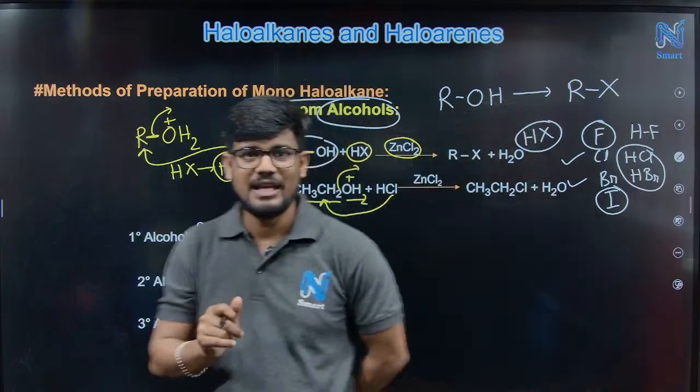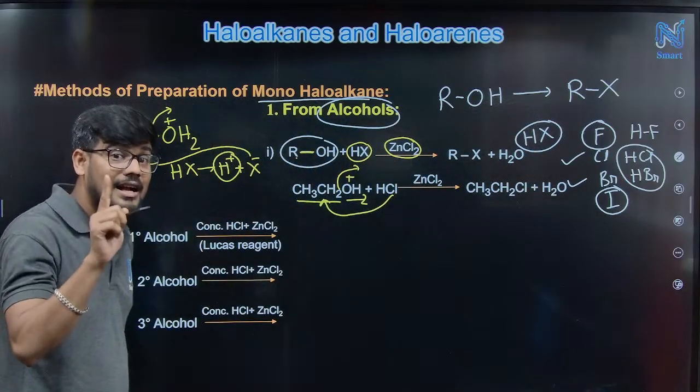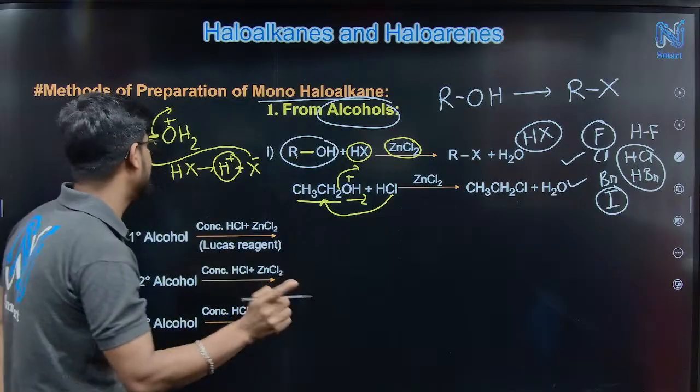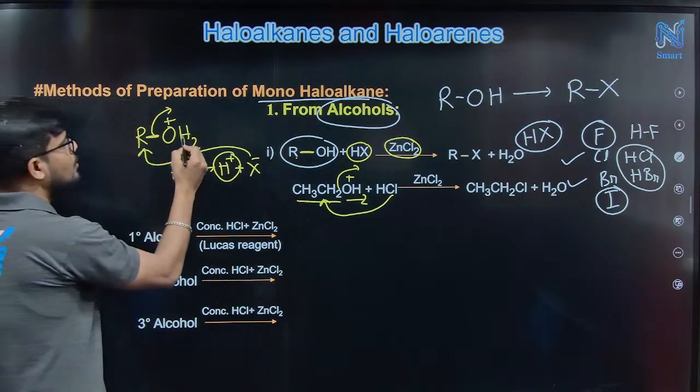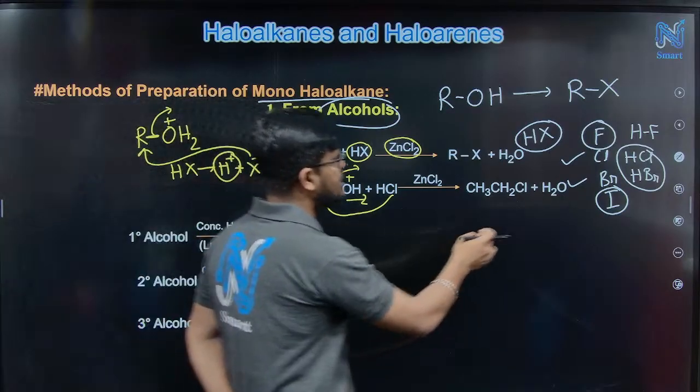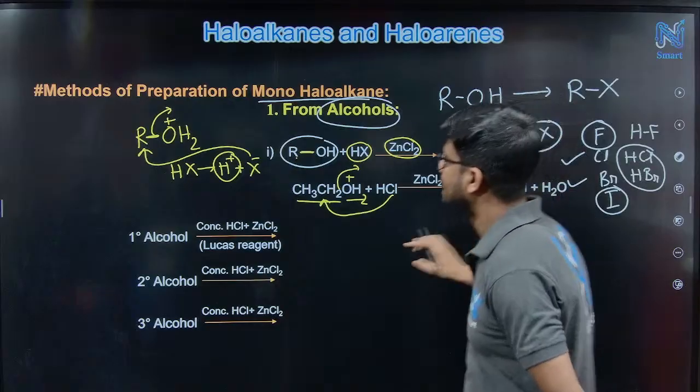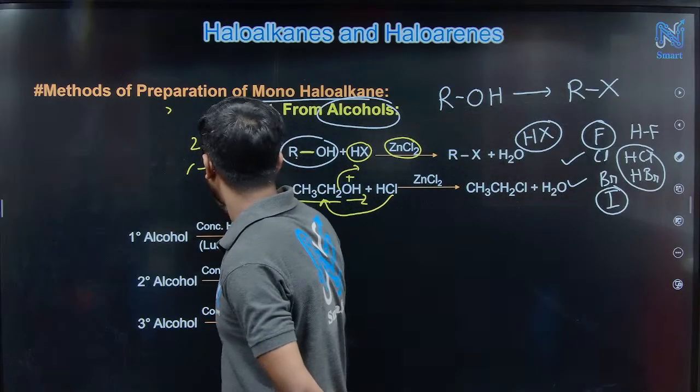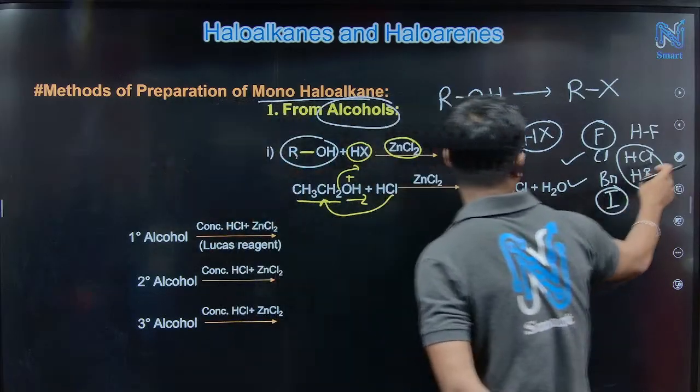Now just check this process. This process actually follows one intermediate, a carbocation intermediate. So let me write it in a clear way, step by step, then it will be much clearer to you. Just check.